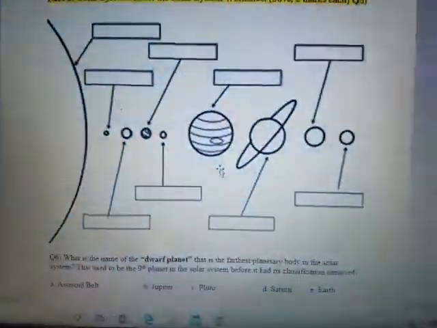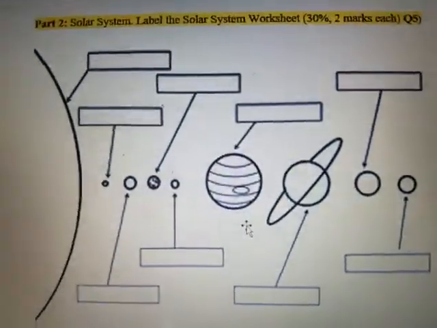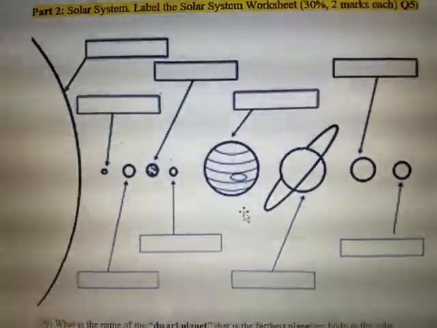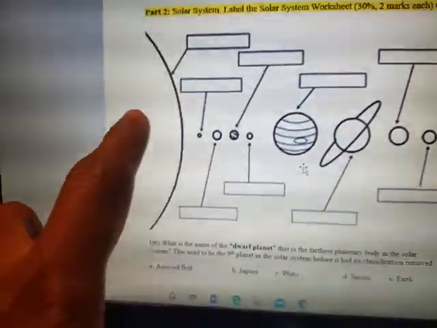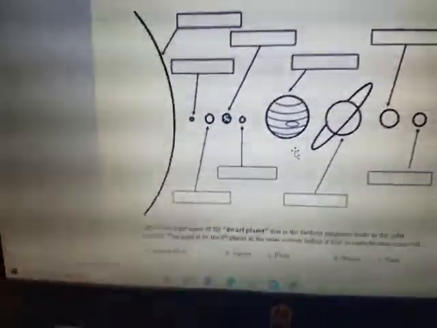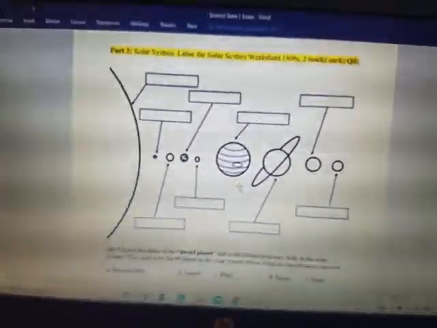All right, here you have something like this. Something like that will be on the test, and I'm just going to ask you to label all of the planets, okay?